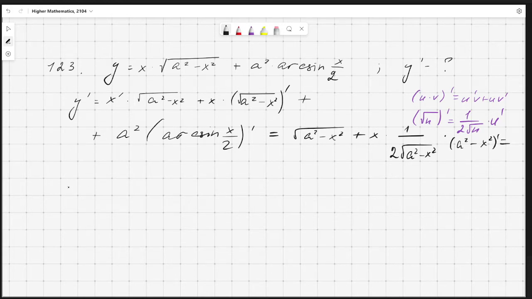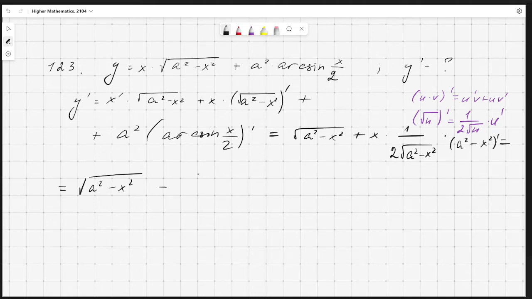All of this equals what we can see. This root a squared minus x squared, then derivative of a squared minus x squared is minus 2x.